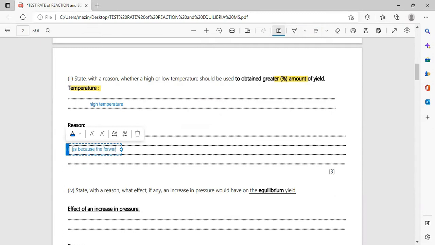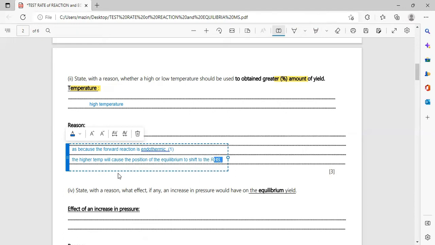Because the forward reaction is endothermic. This will give a mark. Endothermic is an important point. The higher temperature will cause the position of the equilibrium to shift to the right-hand side.